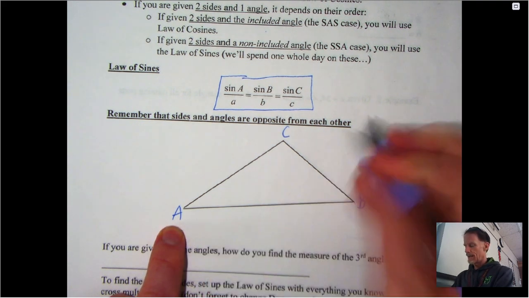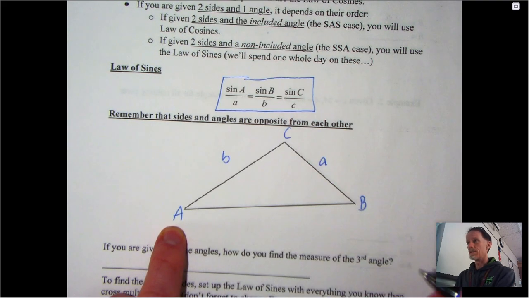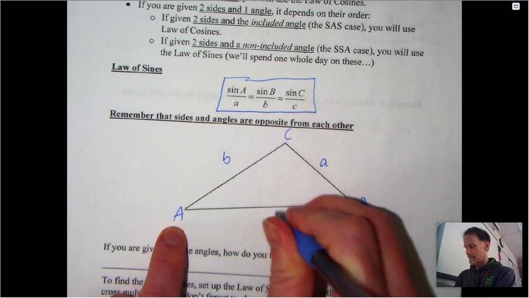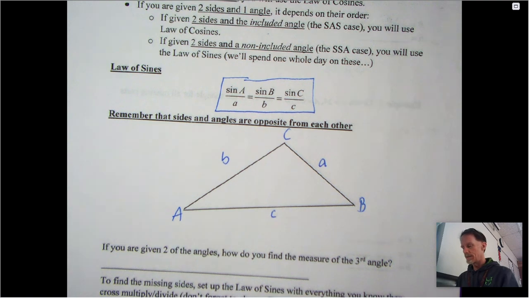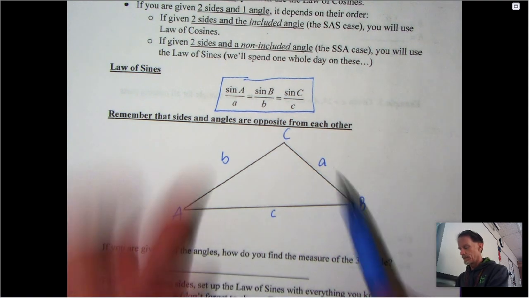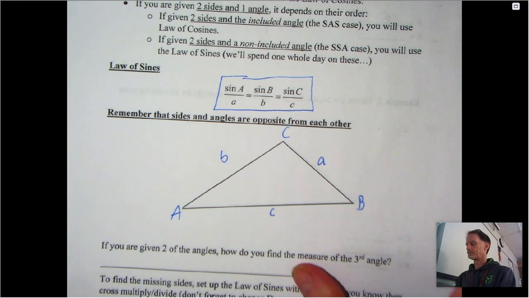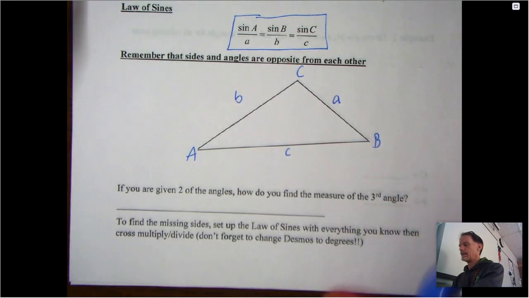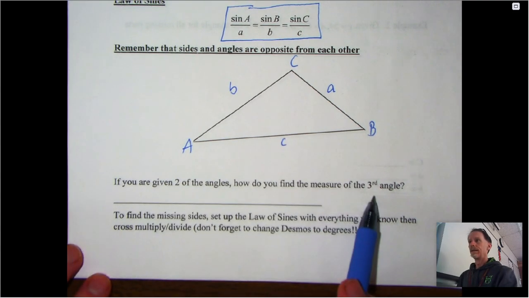So if this is angle A, this has to be side A. If this is angle B, this has to be side B. And if that's angle C, this has to be side C. That is always the convention. I don't care who your teacher is or where you're seeing this, that angle-side pair are always opposite from each other.